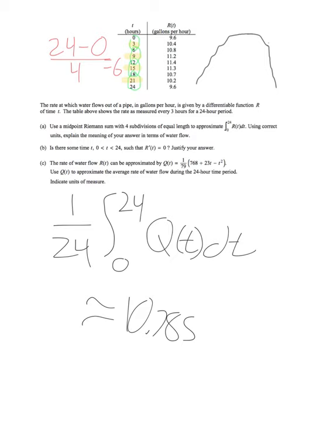I can think about this a couple different ways. One way to think about it is, well, you're finding the average value of this thing, and since this is Q of t, which is approximating R of t, it's got to be the same units, so it's gallons per hour. So it's the average value of that function, so it should still be in gallons per hour.